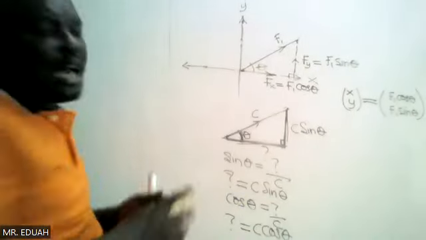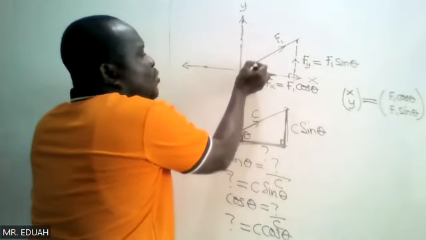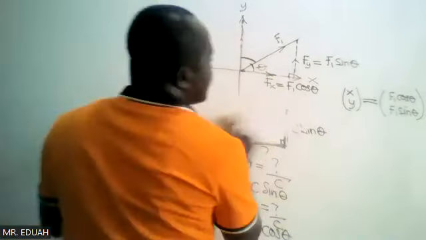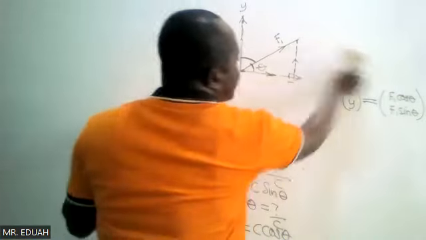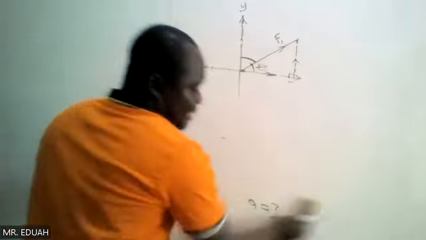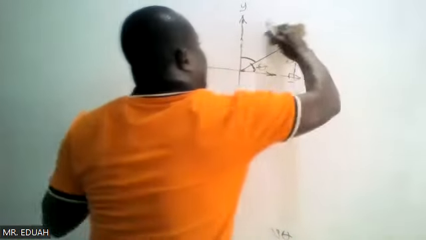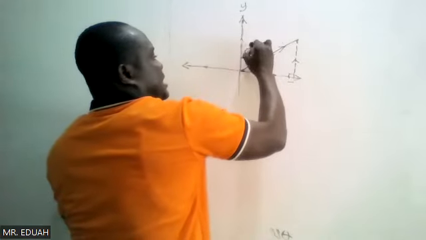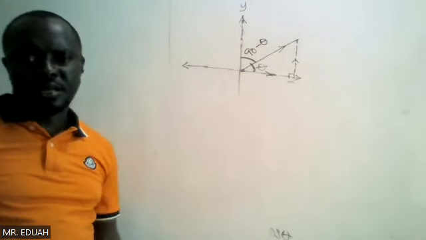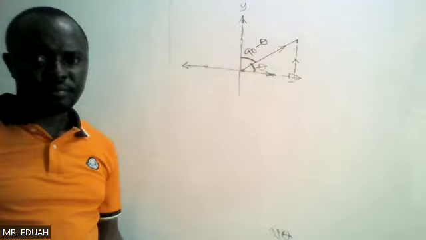Now, if theta is the angle this force makes with the X, what will be this angle? 90 minus theta. Good, because the whole quadrant sums up to 90 degrees. So if this is theta, this is equal to 90 minus theta. Class, is that okay? Yes.